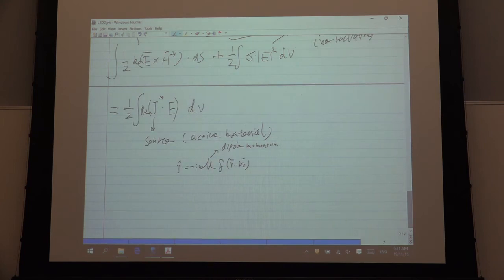And the E field is just omega square mu times the dielectric Green function in homogeneous space G(R0, R0), times mu. This is the dielectric Green function in homogeneous space.